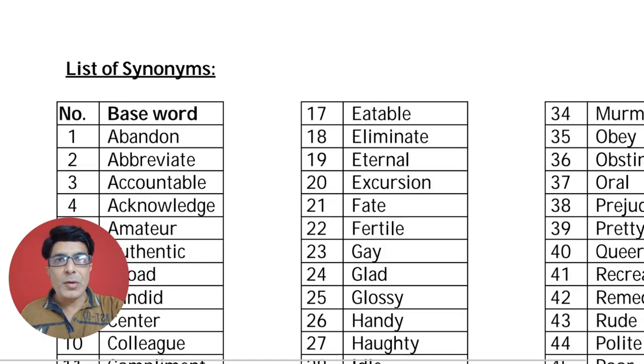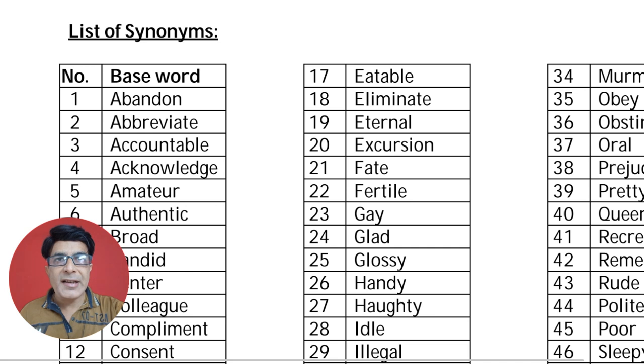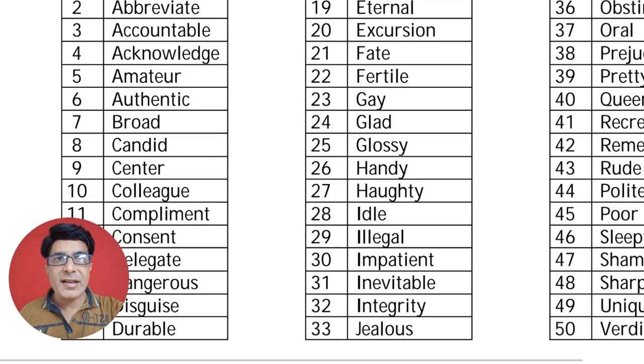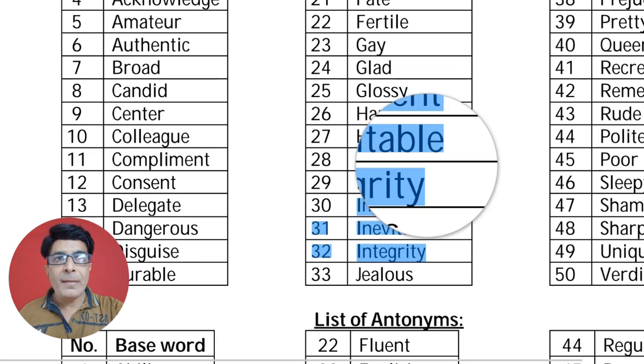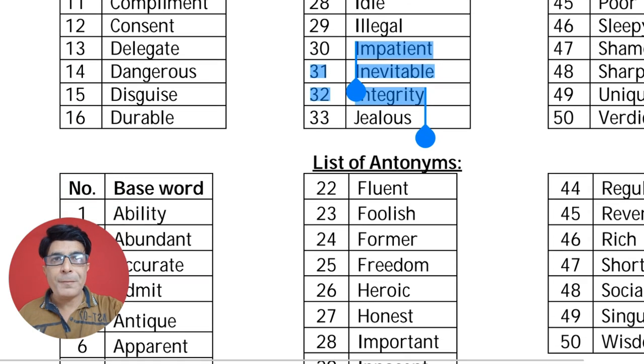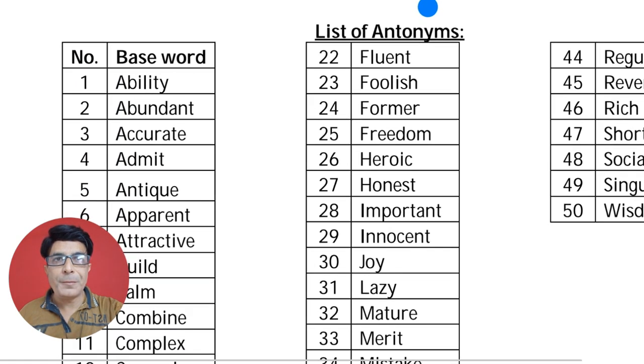Saurashtra University has given the specific list of synonyms for your reference, for your study. So you can prepare all these words and their synonyms. As you can see here on the screen, these are the 50 synonyms which you have to prepare from your examination point of view.